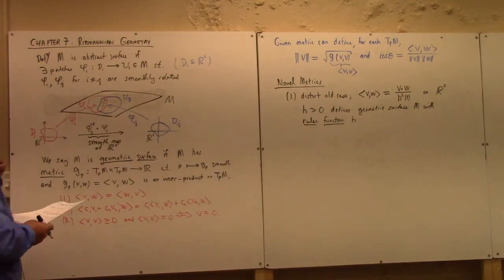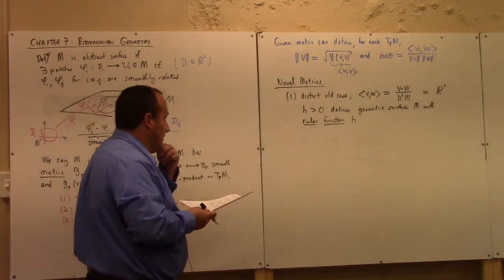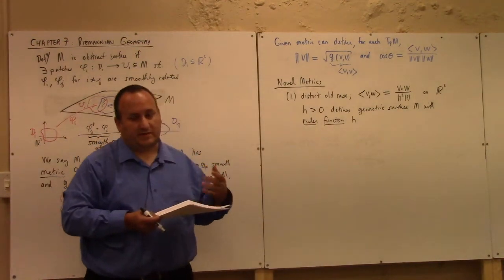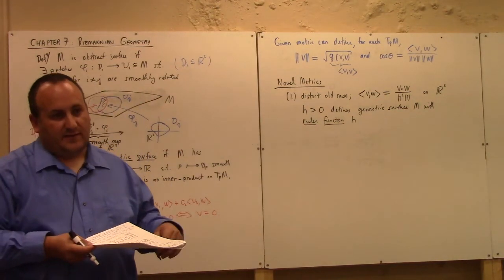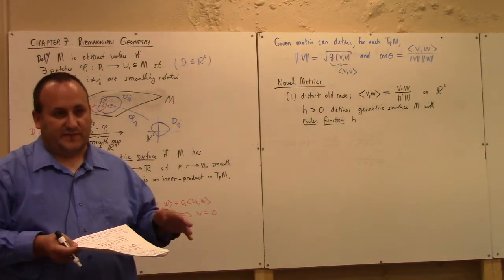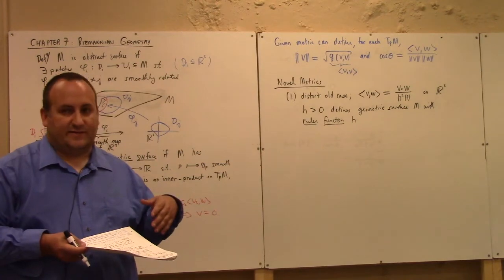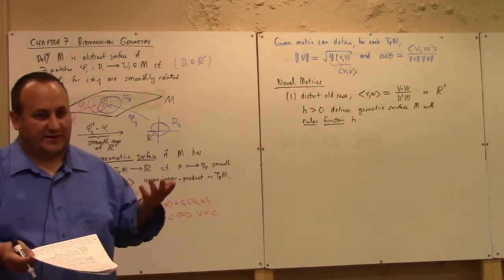So locally. Now globally you'll get into trouble because the plane is not compact. So if your surface is compact and you try to say it's the whole plane, it's kind of troubling.